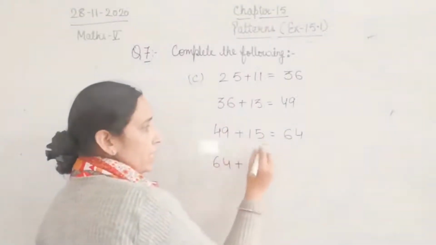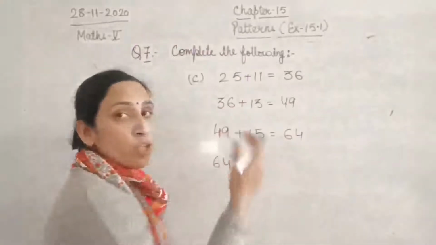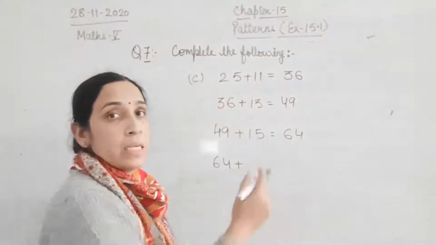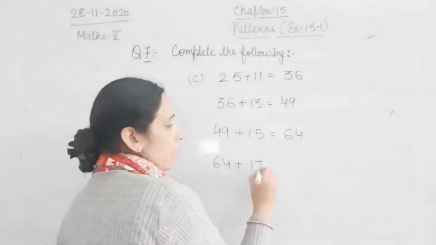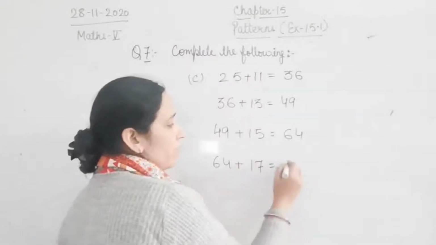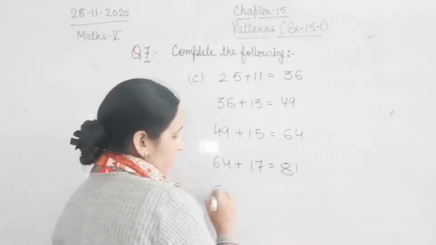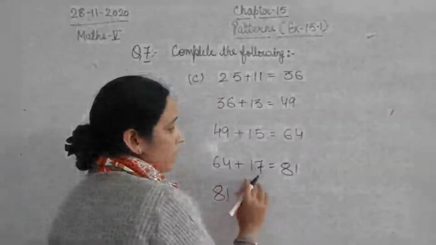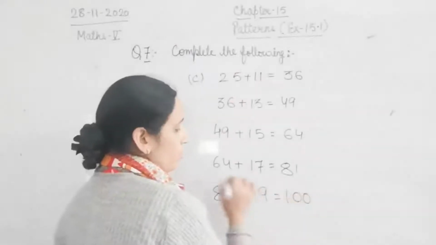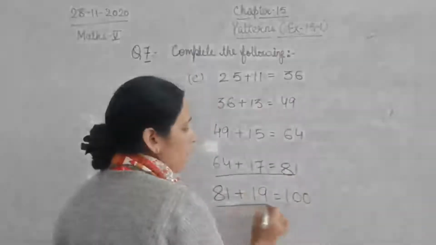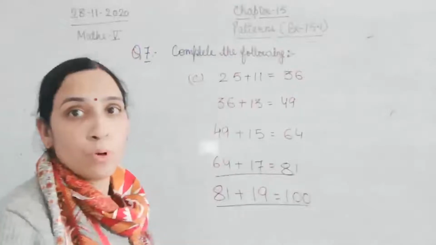The number which you get as a result in the previous step will come in front, plus an odd number, then that will become 81. 81 plus 19, that will become 100. So these two are the blanks which are given in your book.